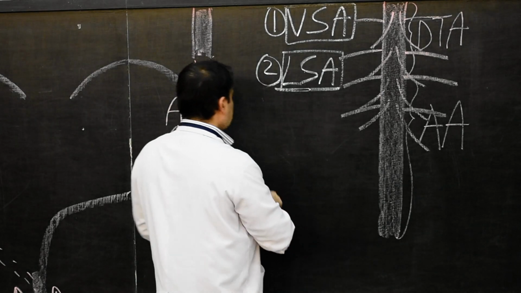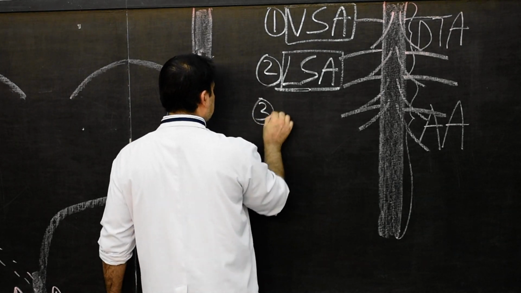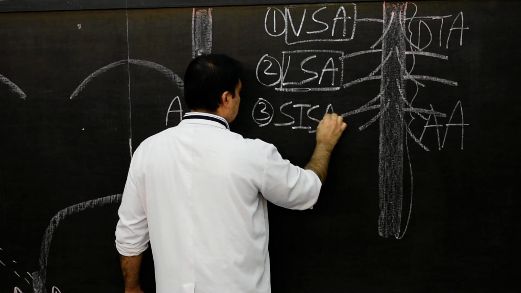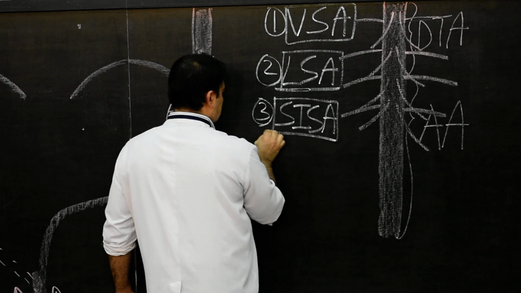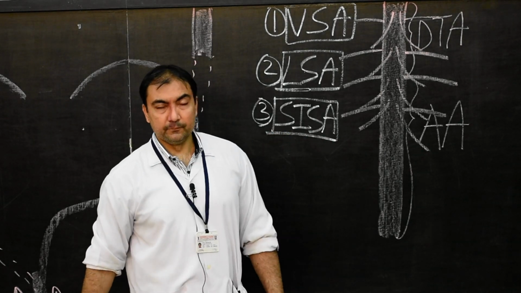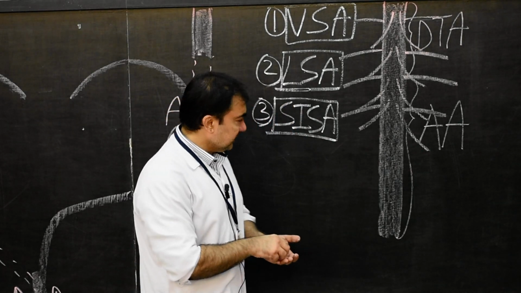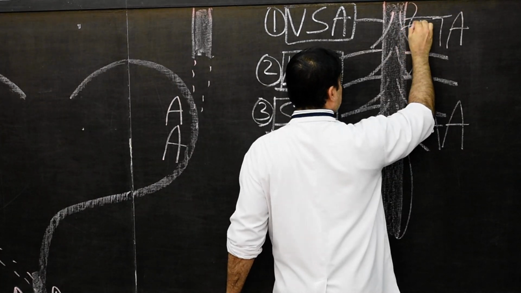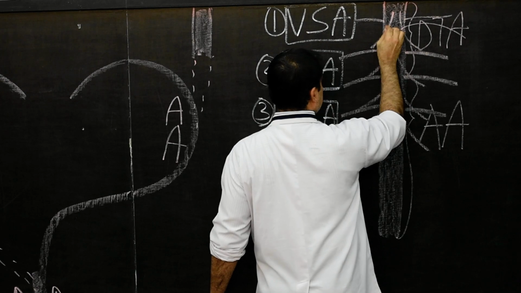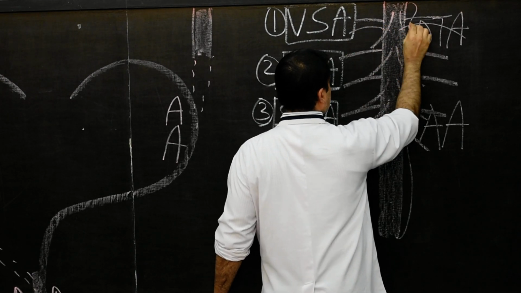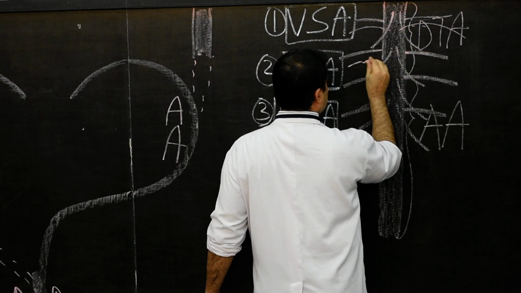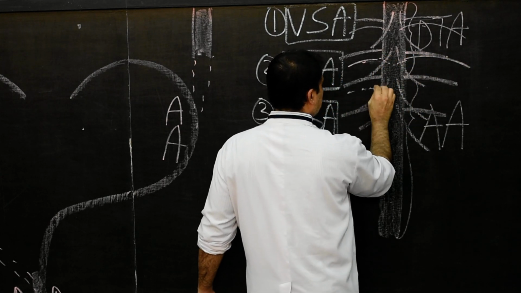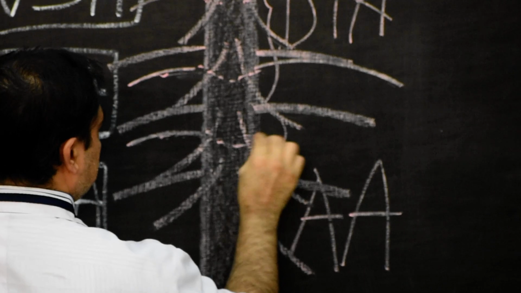And the third variety will be somatic intersegmental arteries. What is soma? Body wall. So these will take origin from the dorsolateral portion of the body wall of the aorta.